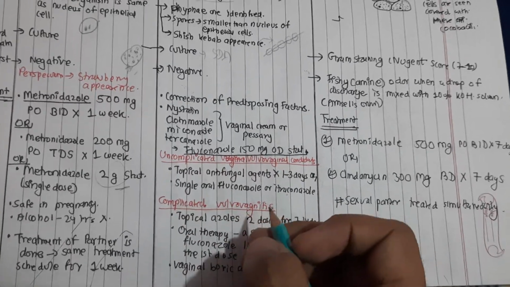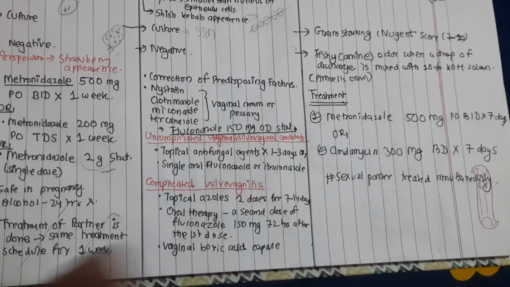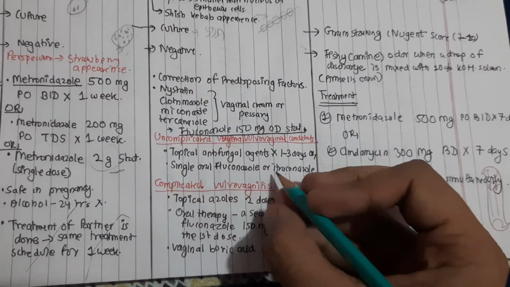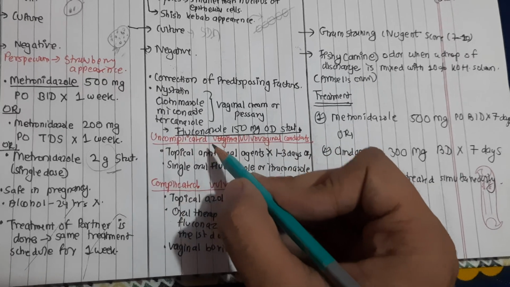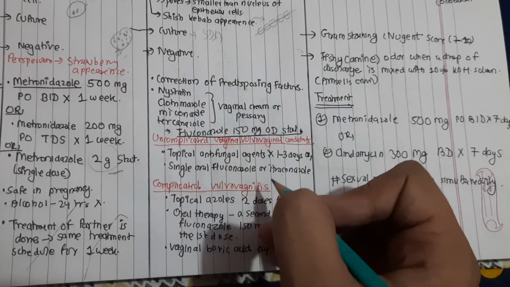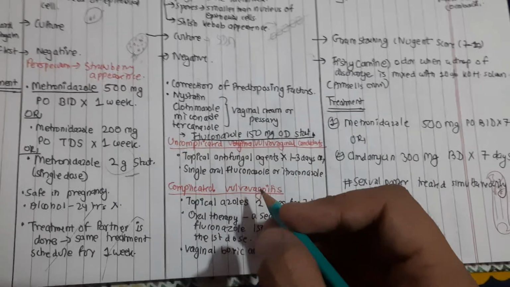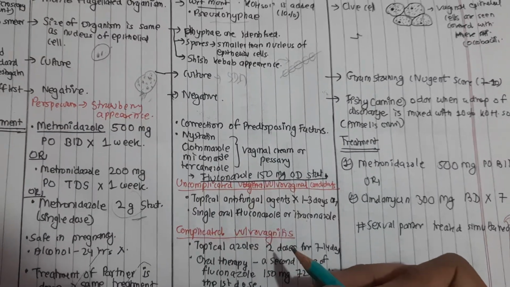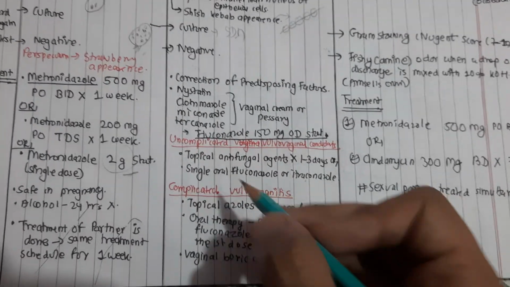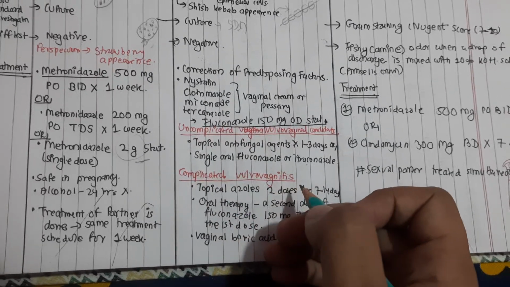Complicated vulvovaginitis means the infection is recurrent, severe, and caused by non-albicans Candida, other species of Candida, and it occurs in women with uncontrolled diabetes and a suppressed immune system.